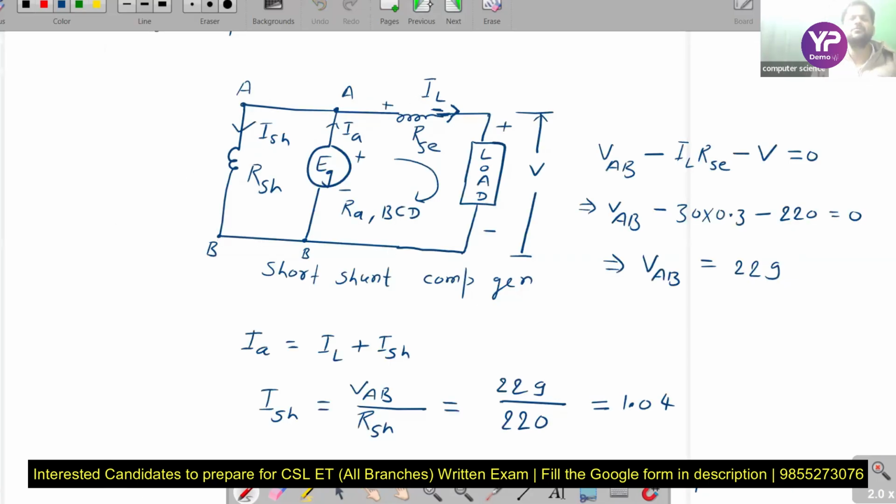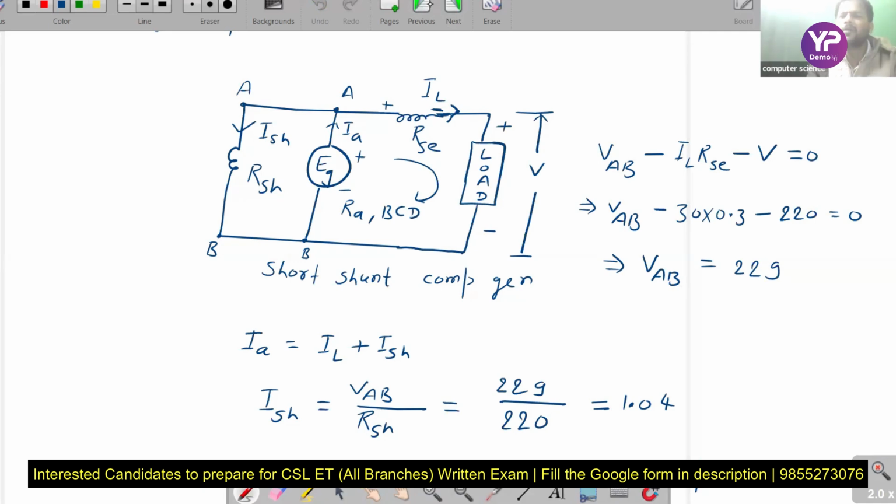We know how a DC generator works. In a DC generator or DC machine, there are two main components. One is the stator and the other is the rotor. The stator is the stationary part and the rotor is the rotating part. In a DC machine, the field winding is placed on the stator, and the armature winding is placed on the rotor.